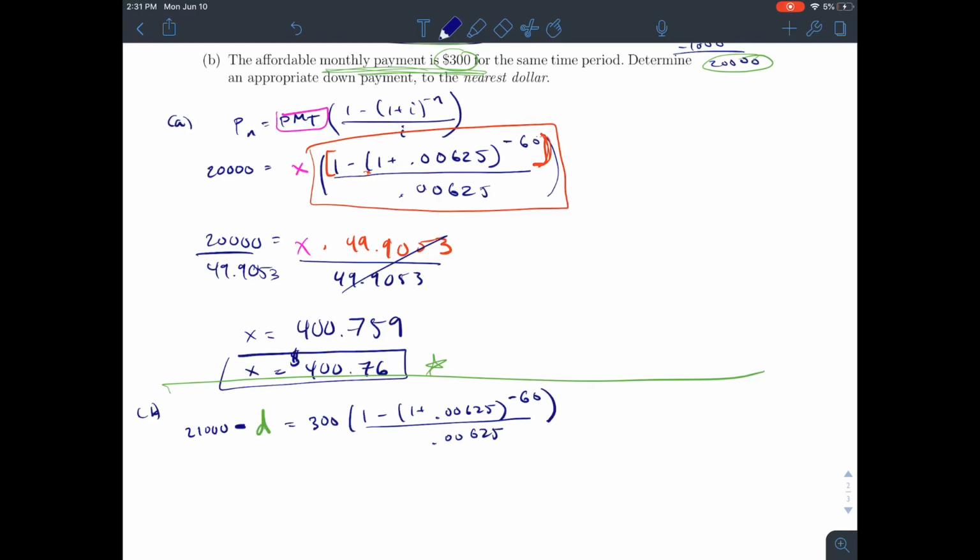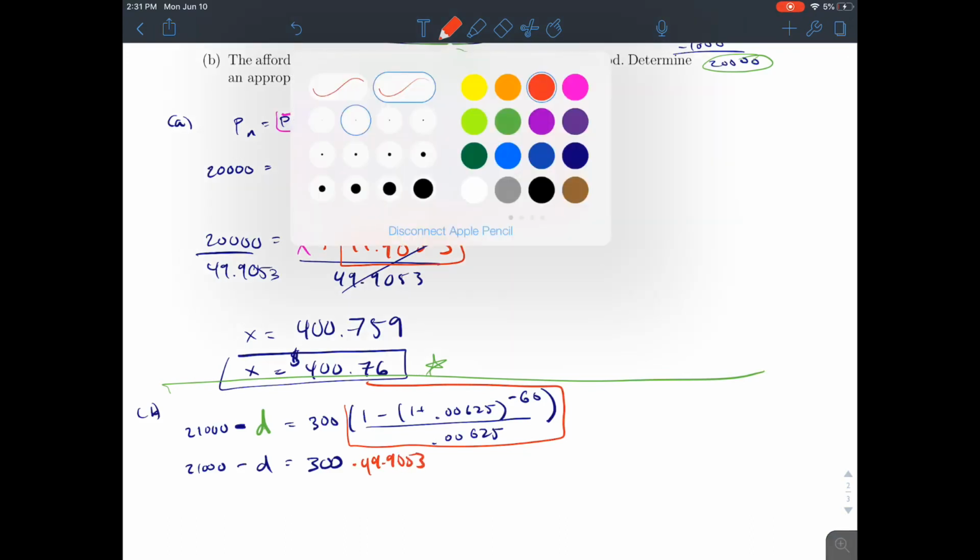So we get 21,000 minus D is equal to 300 times this piece here. We actually already did this calculation. We found before that was 49.9053, so we'll leave it as the same amount.